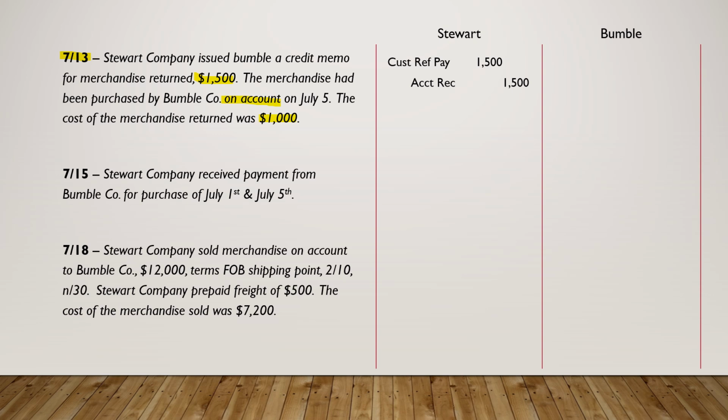Since the customer has not yet paid, Stewart cannot refund it cash, so it will credit AR, hence the credit memo. Next, debit merchandise inventory back on the books and credit estimated inventory returns. The buyer will just reduce AP and remove merchandise inventory from its books.